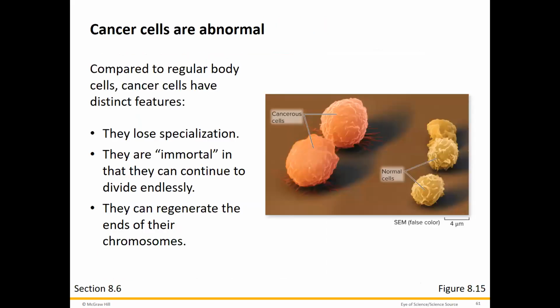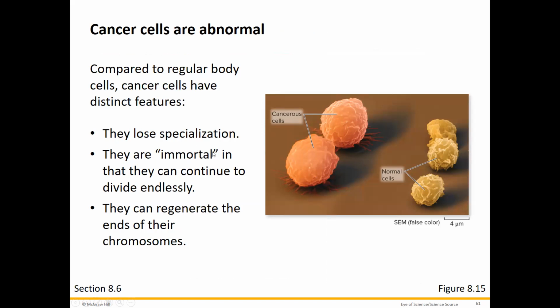So, cancer cells, they're very abnormal. They look abnormal. Look at these cells, look at the blood vessels growing right to them compared to the normal cells. They're bigger, they're different color, they have blood vessels all over them, very different. One of the distinct features we know about cancer cells is they lose specialization.